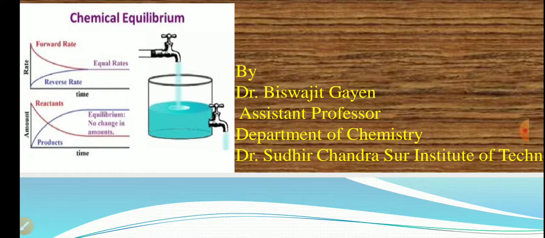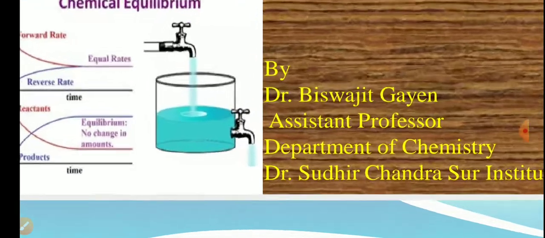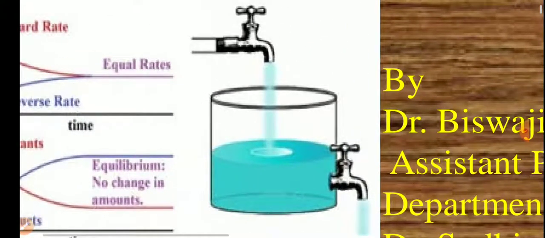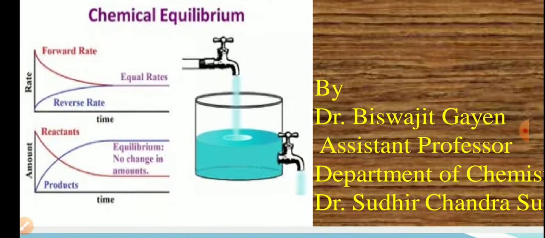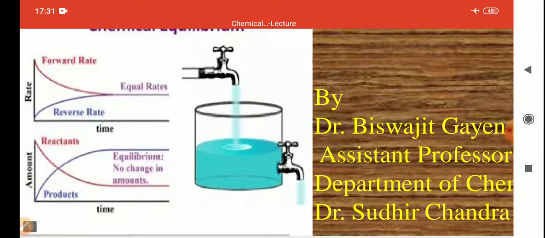Chemical equilibrium means, if you look at the diagram, rate versus time, the rate of the forward reaction decreases, and initially the rate of the reverse reaction increases, and after a particular time the rate of the forward reaction and the backward or reverse rate will be the same. After this point, when it becomes a single line, at this stage the rate of the forward reaction and the reverse reaction is equal.